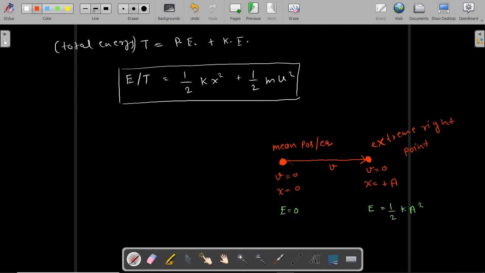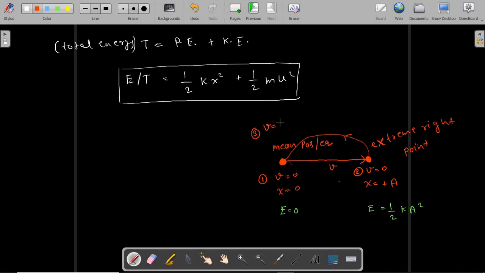After that, the spring will come back to the mean position. When it comes back, will it have some velocity, or will the velocity become 0? It will have velocity. That is point 3.